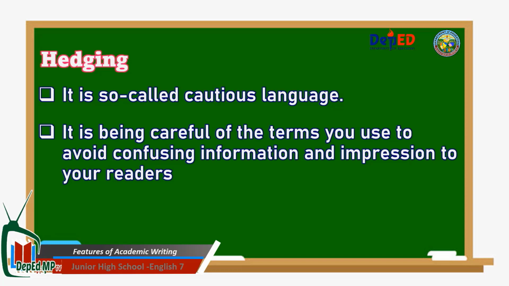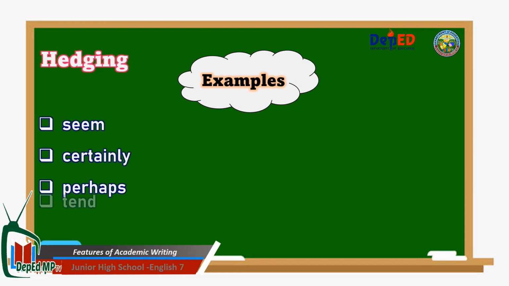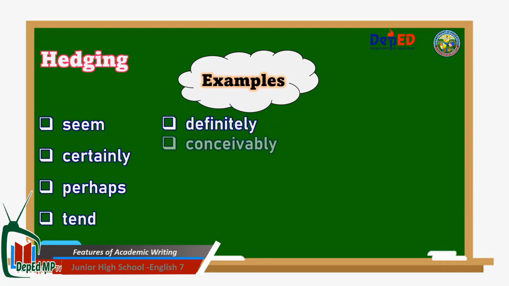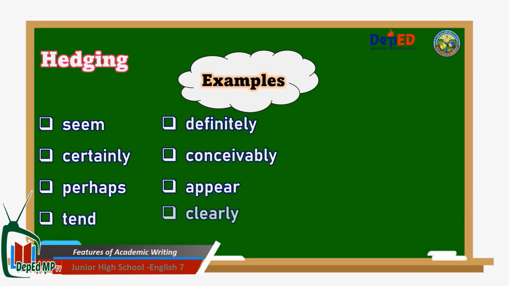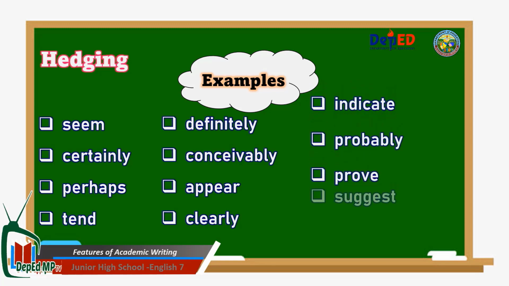Hence, vague and ambiguous language should be avoided. Here are some examples: seem, certainly, perhaps, tend, definitely, conceivably, appear, clearly, indicate, probably, prove, suggest, and possibly.